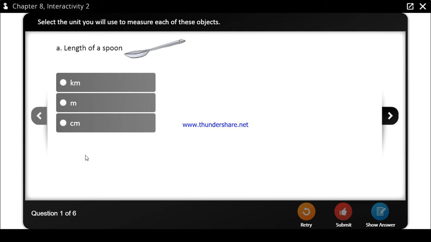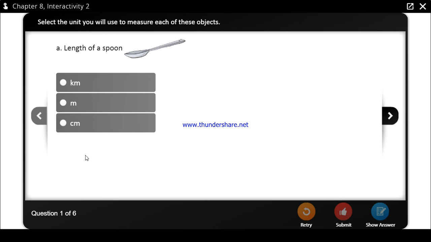The first one, A, length of a spoon. First option, kilometer. The second option, meter. The last one is centimeter.